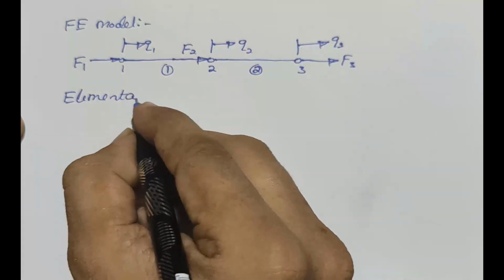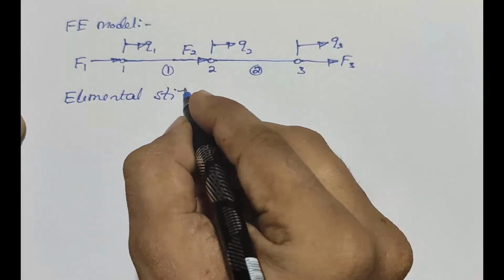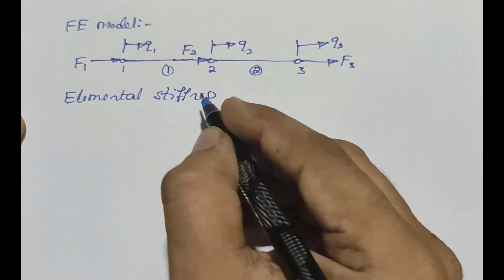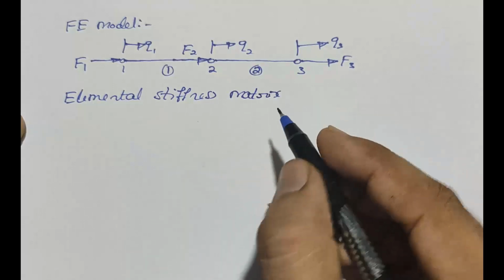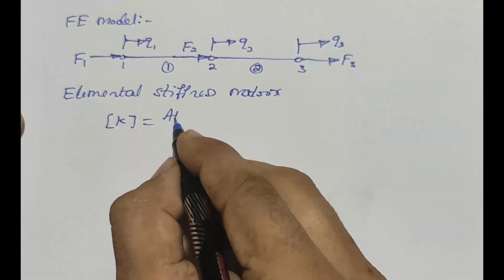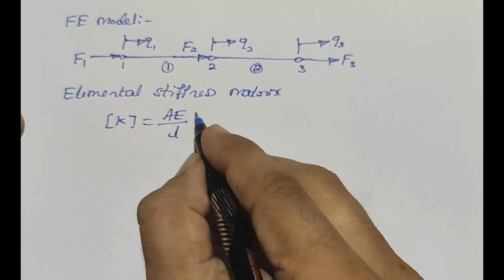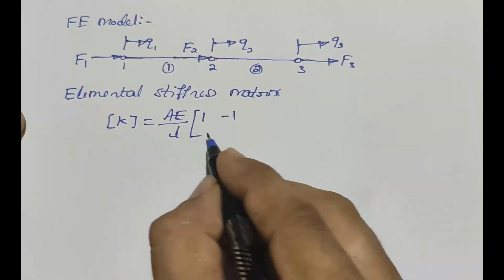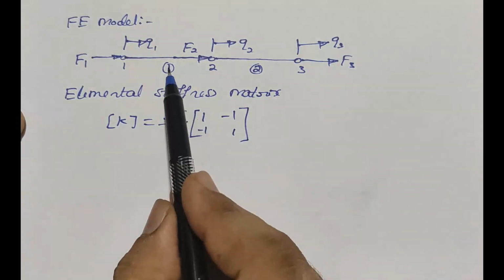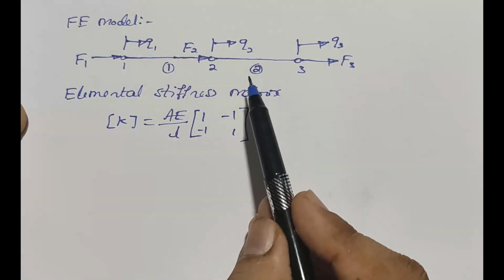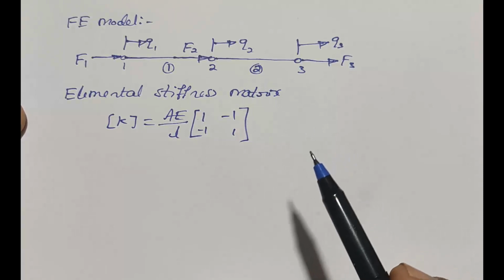Elemental stiffness matrix. K is equal to AE by L [1 -1; -1 1]. See here, since there are two elements, you have to write two elemental stiffness matrices.